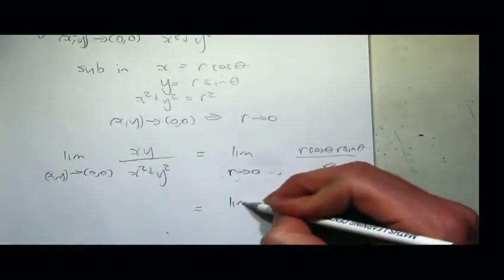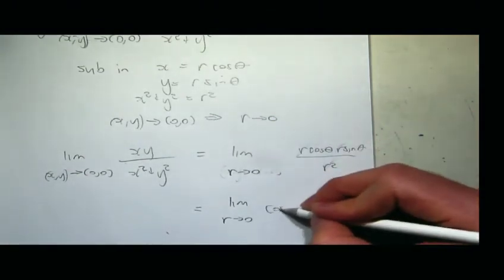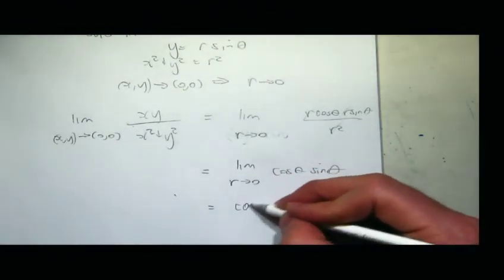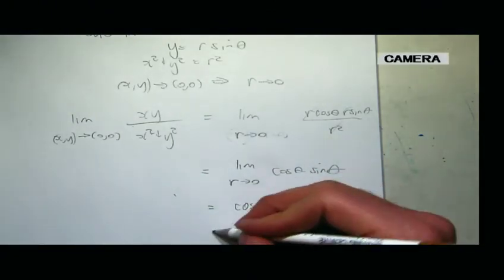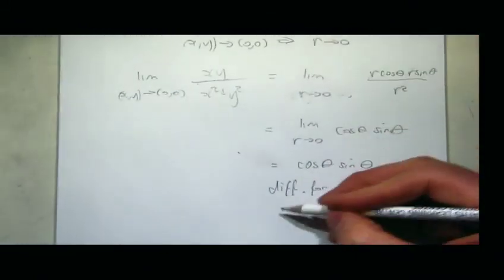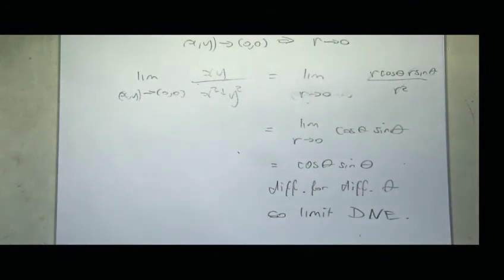And so I get the limit as r goes to 0, the r squared cancels with the r's of cos theta sine theta, which doesn't involve r. So it's going to be different for different thetas. So the limit does not exist.